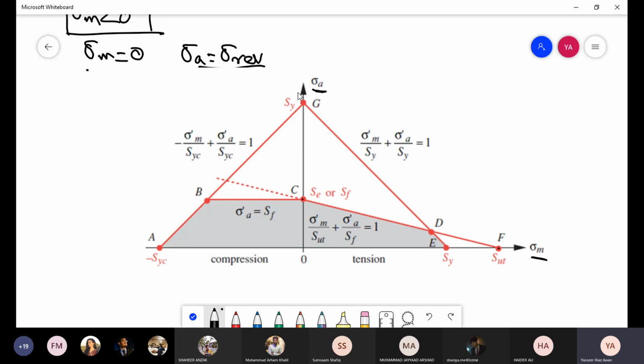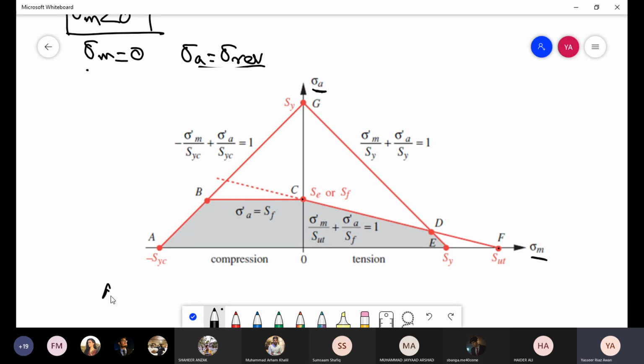And also you have this Langer line SY. And similarly, on the compressive side, we don't take the positive effects of the mean stress. We still take sigma A as SE, and then we also have the Langer line on the compressive side.